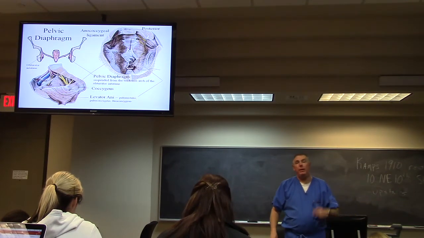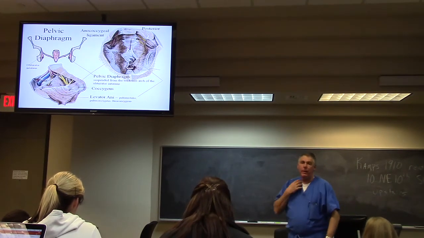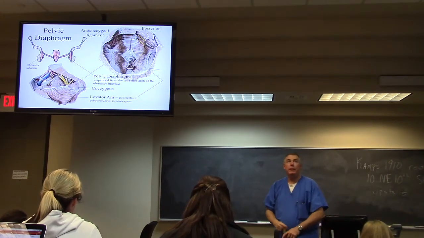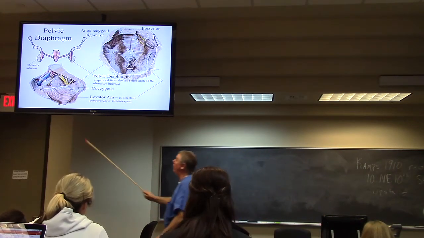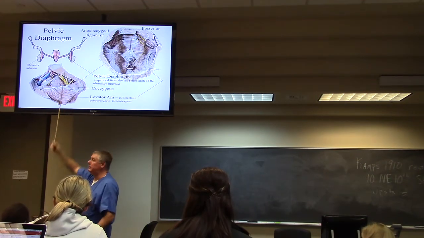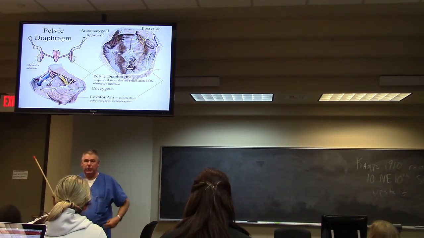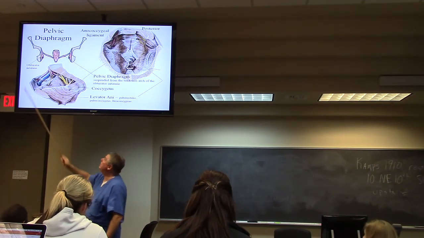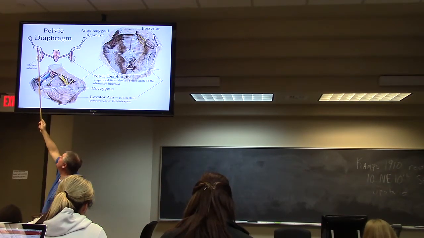Now, talk about the pelvic diaphragm. The pelvic diaphragm is made up of several different pieces and parts. This illustration right here, though, is very important, and this is a coronal section through the body. So here is our iliac crest.